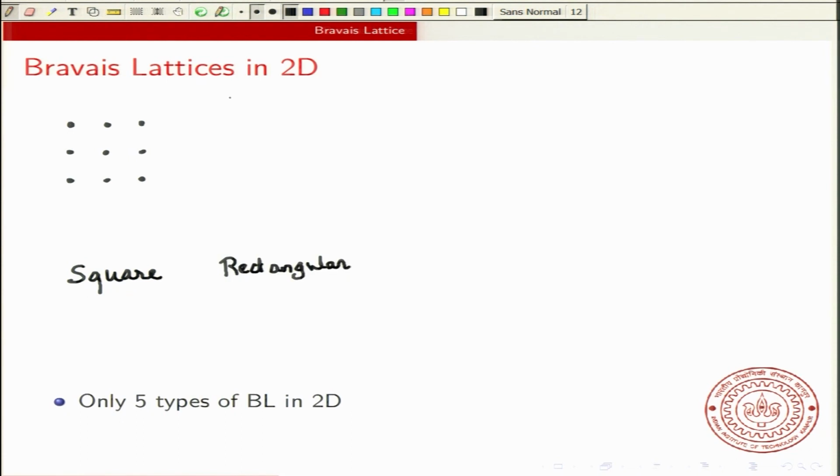And in this rectangular, you can have 2 types of rectangular lattices. You can have what is referred to as a primitive rectangular, but you could also have something called the centered rectangular.